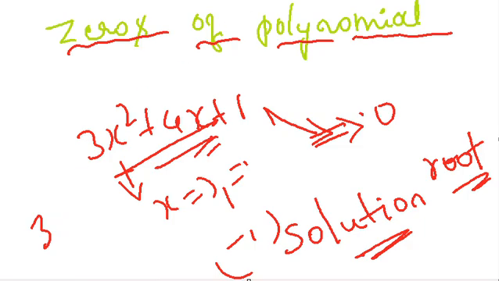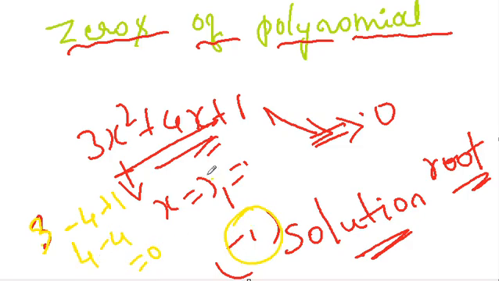For the 4x term, if we give minus 1, this becomes minus 4. So 3 minus 4 plus 1. You simplify this: 3 plus 1 is 4, and 4 minus 4 becomes 0.